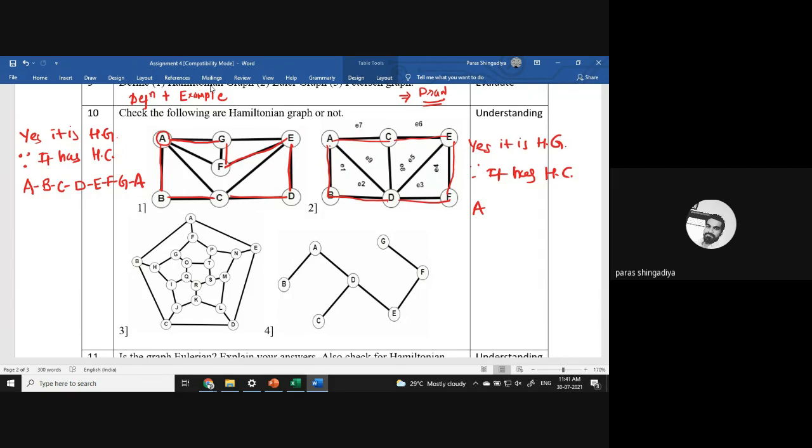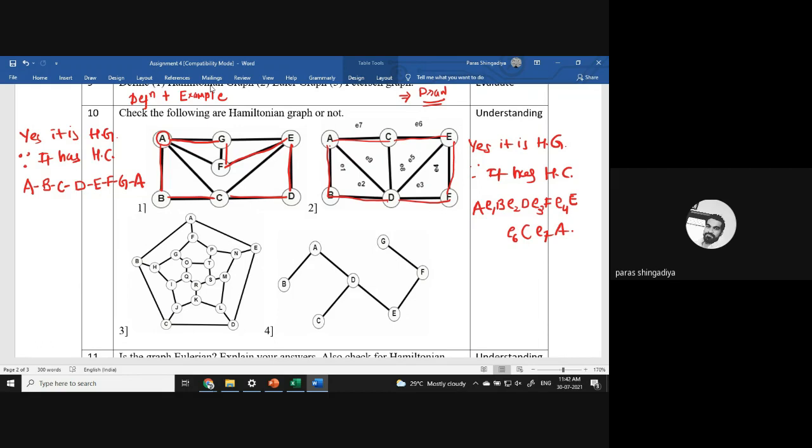So A E1 B, B E2 D, D E3 F, F E4 E, and E E6 C, C E7 A. That is the complete circuit, which covers every vertex of the graph exactly once. So that is the answer for the second graph.